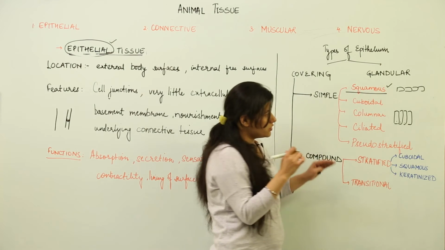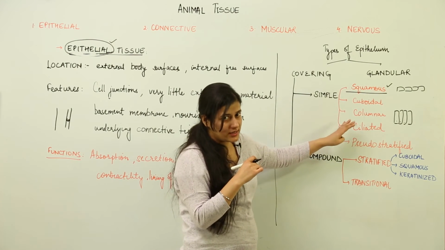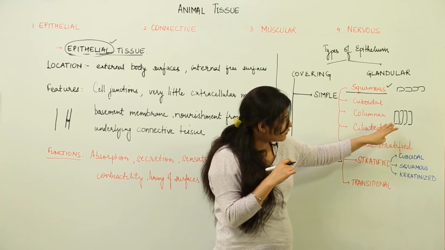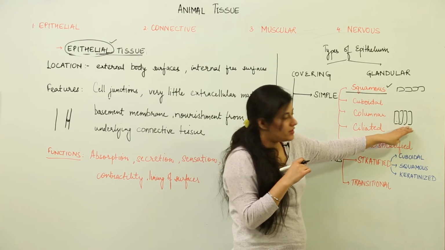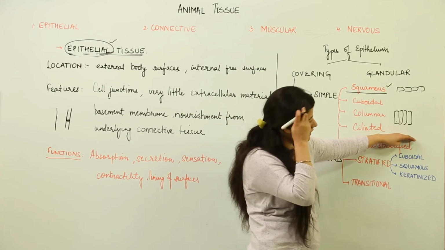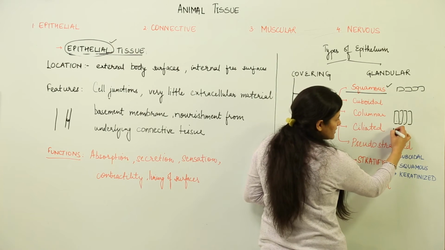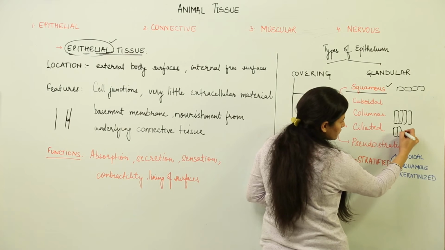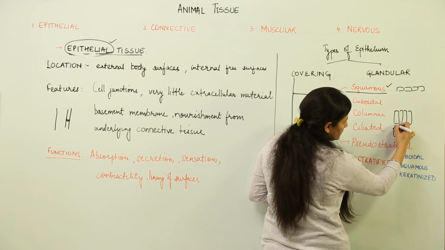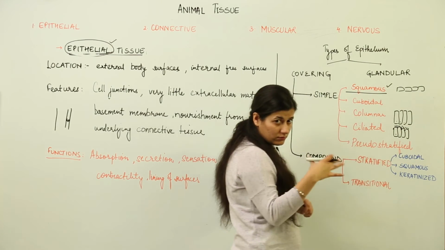Here we are not discussing the locations, we are discussing only the cellular characters. So in case of columnar, such would be the cells. There would be a single layer of cells arranged in this pattern. In case of ciliated, the columnar cells are going to bear cilia, small projections which help in motility.